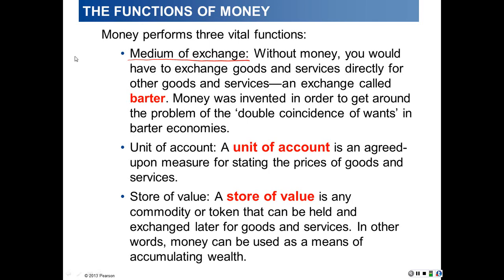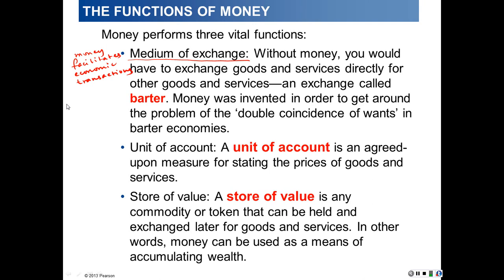In other words, money facilitates economic transactions. Money makes it easy for us to trade with each other because it helps us get around the problem of the double coincidence of wants of barter economies. Right? So that's the main reason why money was invented. That's the main function of money, to facilitate economic transactions.